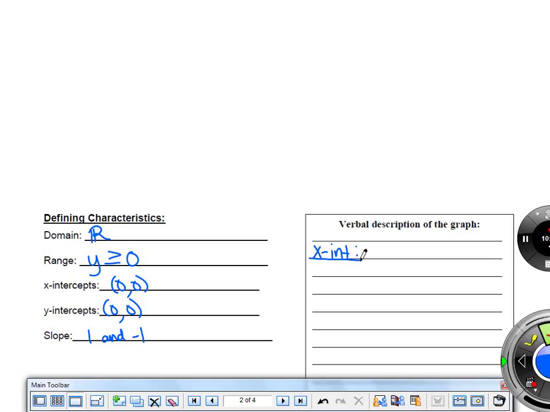So no matter what shape your graph is, it's only an x-intercept if it hits the x-axis, right? All the points on the x-axis have y values of 0. So no matter what kind of function you're dealing with, if you want to find an x-intercept, you need to let y equal 0 and solve for x. Okay?